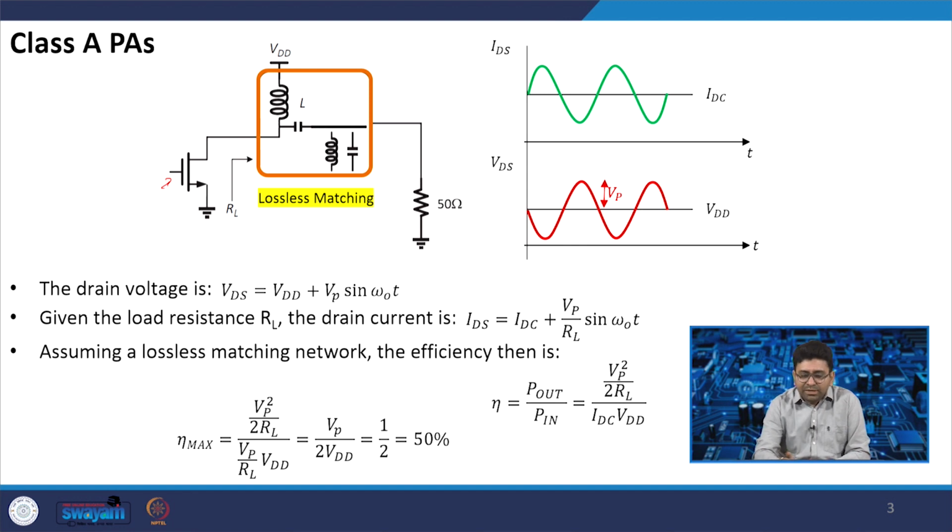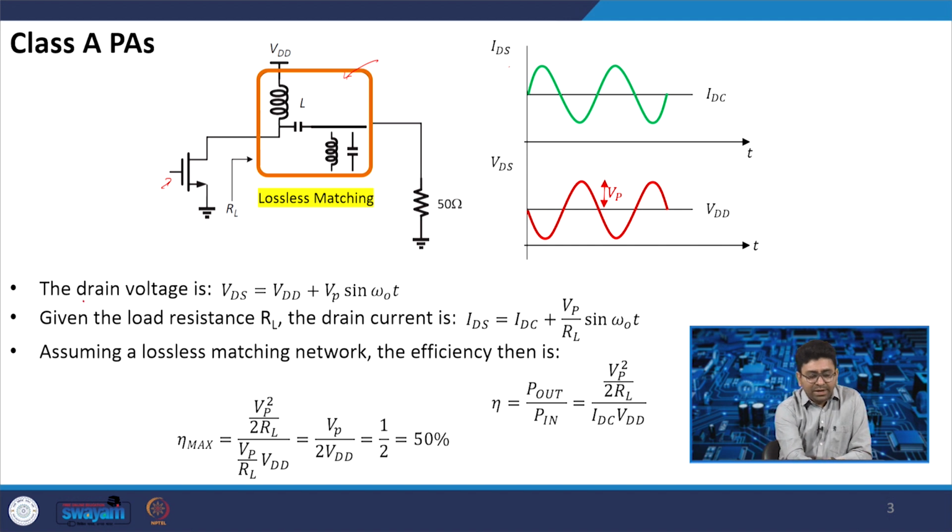If we consider this complete RLC network as a lossless matching network, where the supply is coming from VDD, and if we try to plot IDS and VDS, IDS is given by this green curve and VDS is given by this red curve.